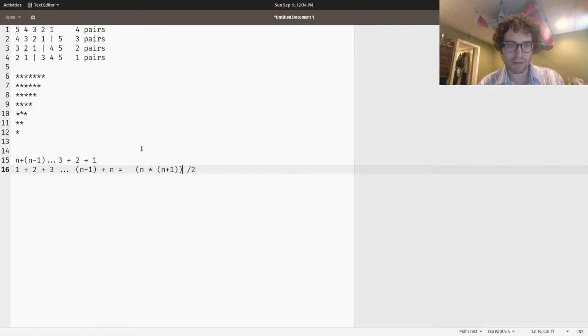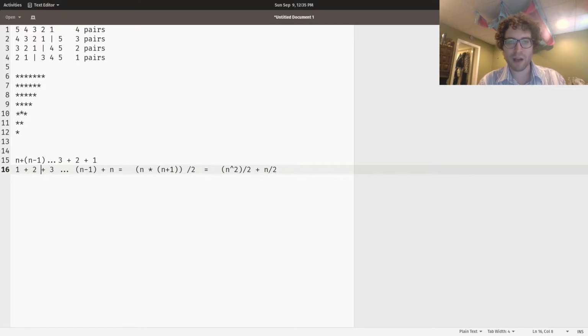So now we can multiply this out, and that's equal to n squared plus n, and that's divided by 2. That's the issue when you go off of memory.